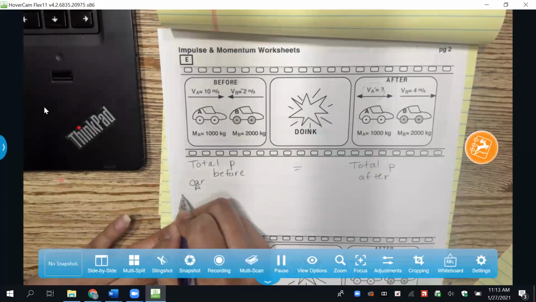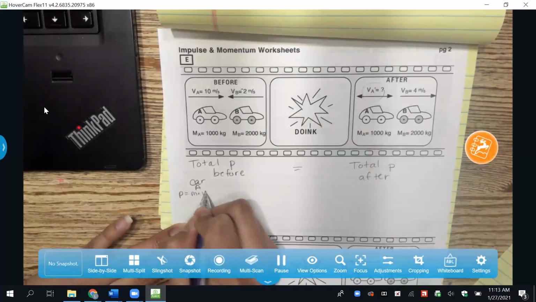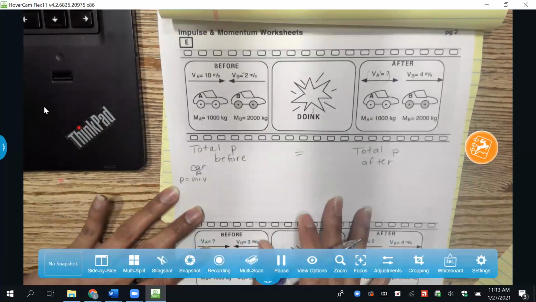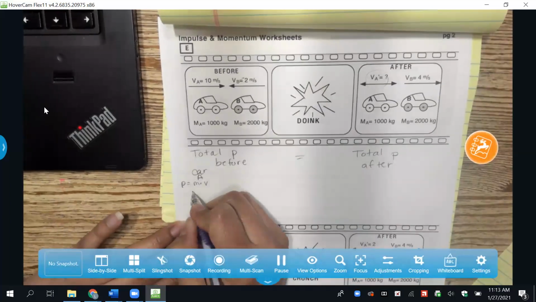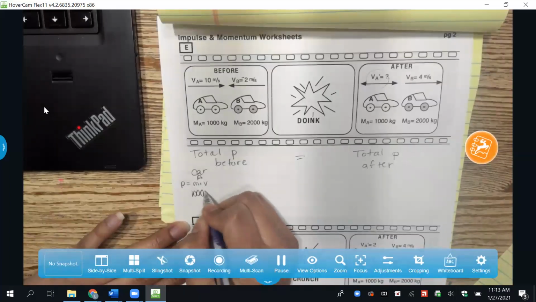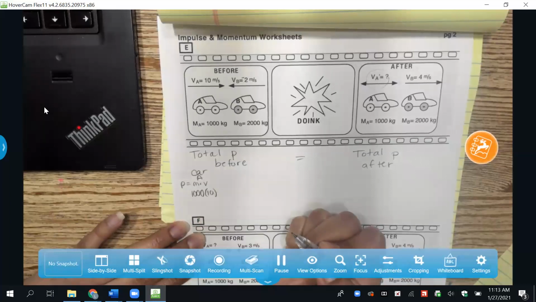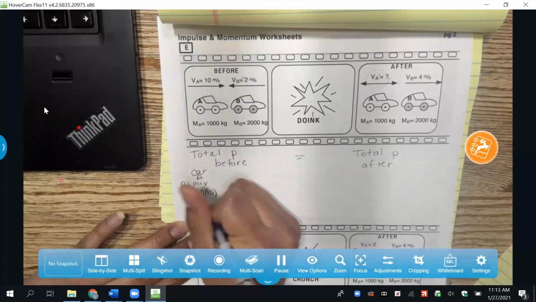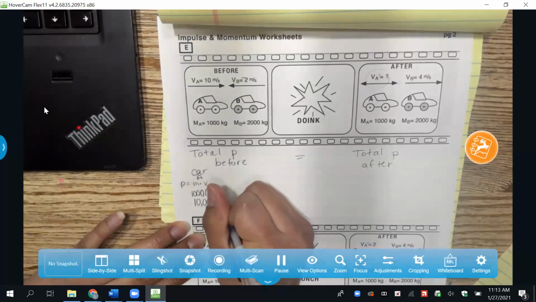Its momentum, which remember is mass times velocity, is 1,000 times its velocity, which is 10. So car A's momentum before the collision is 10,000 kg·m/s.